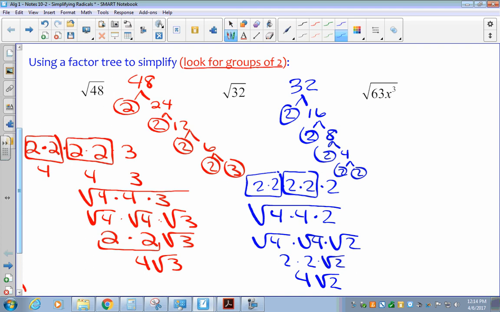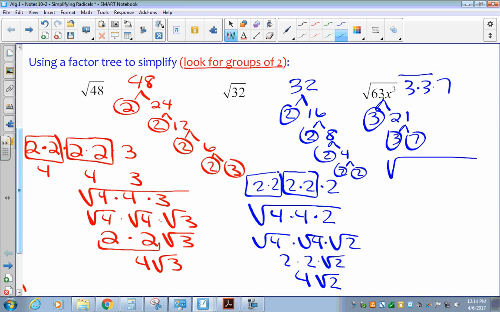Okay, so 63 is 3 times 21. 21 is 3 times 7. And all these are now primes. So this one gets to be 3 times 3 times 7. We group the pair together.